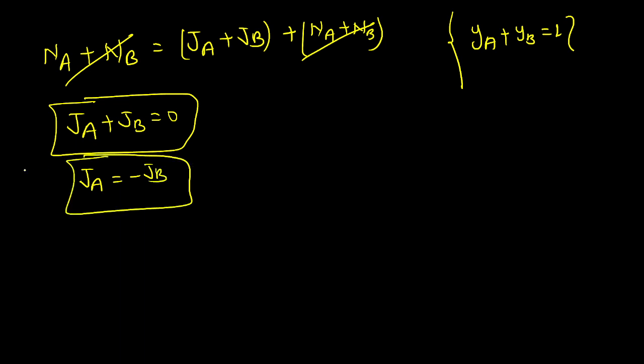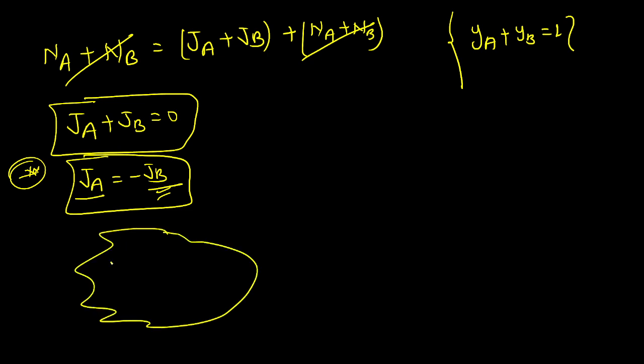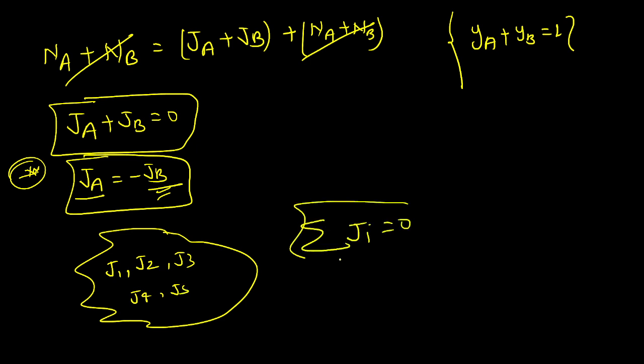So by any means, if the problem says you have to calculate something for B, and J is given for A, then you can calculate Jb, right? This is the thing you need to understand. I have taken this problem for a binary system, but if there is a multi-component system having components 1, 2, 3, 4, 5, you can write summation of Ji is equal to 0.